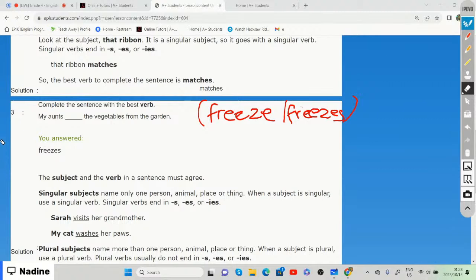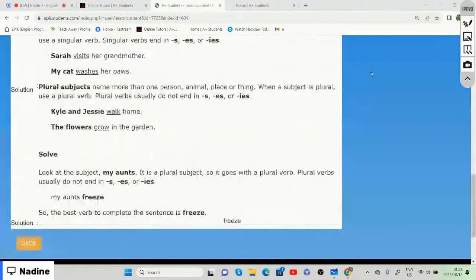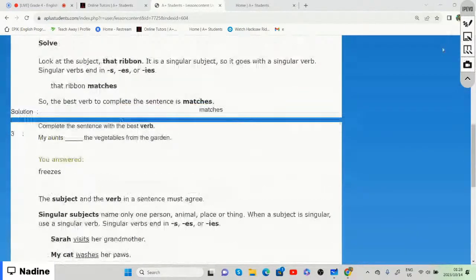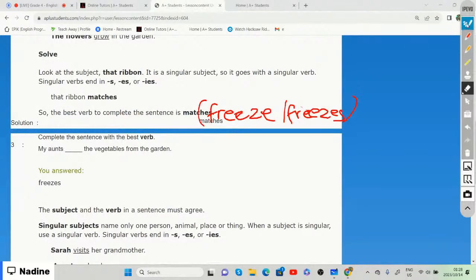So we need to complete the sentence with the right verb. All right, so we basically say freeze.